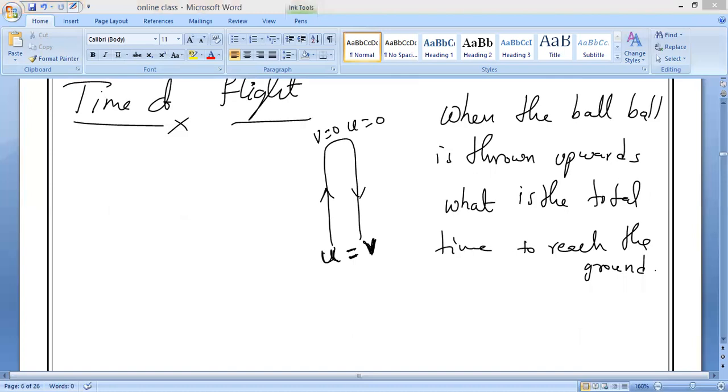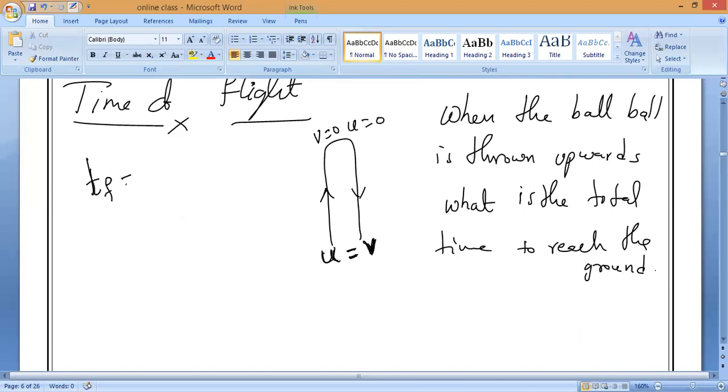Let me take the total time as TF. Time of flight TF is equal to time of ascent plus time of descent.